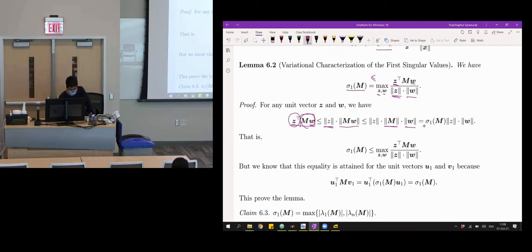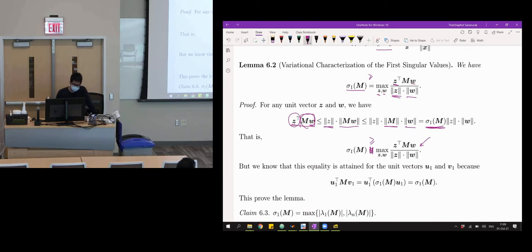And then the norm of M is just the first singular value. So by rearranging, we get this. So that's one direction.